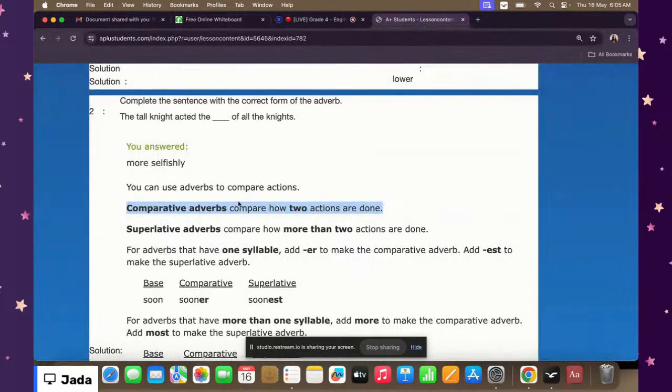So superlative here compares how more than two actions are done. Whereby comparative is comparing just two actions, superlative is comparing how more than two actions are done.